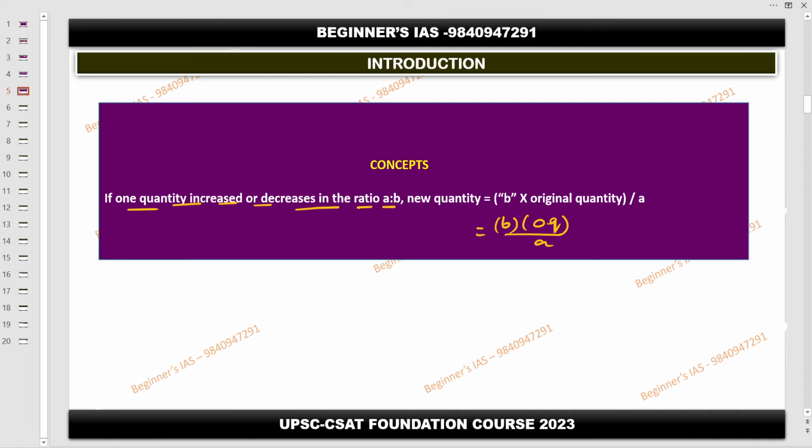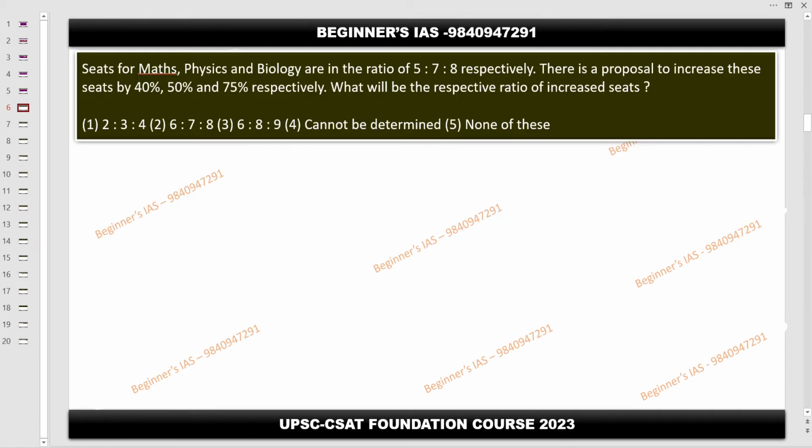So let us start with the basic problems. Next class we are going to see the problems purely related to liquids, or two components, like alloy, metal, or milk, water, oil. Those kinds of problems we will see next class. Here we are going to see some problems with respect to ratio and proportion.